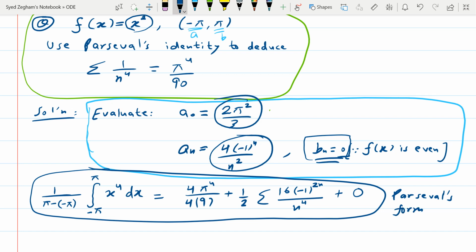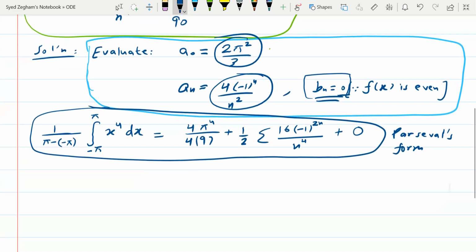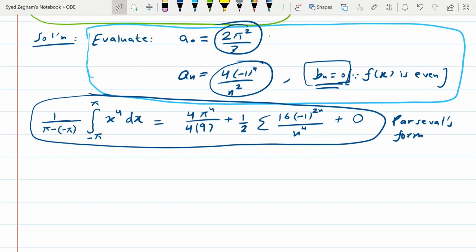Now, what is remaining? Only simplification. Now, let us simplify. So 1 over pi minus minus will become plus. So pi plus pi, that will become 2 pi. Integral of x power 4, that is x to the power 5 divided by 5 over the limits minus pi to plus pi.